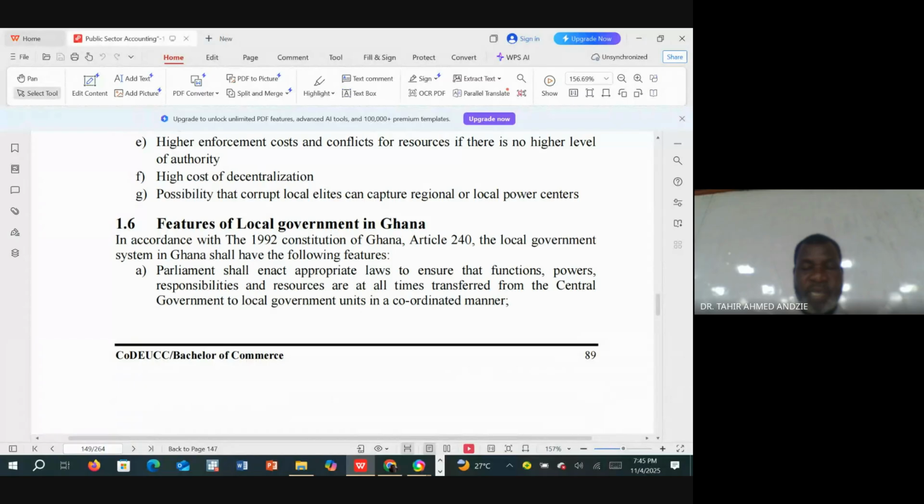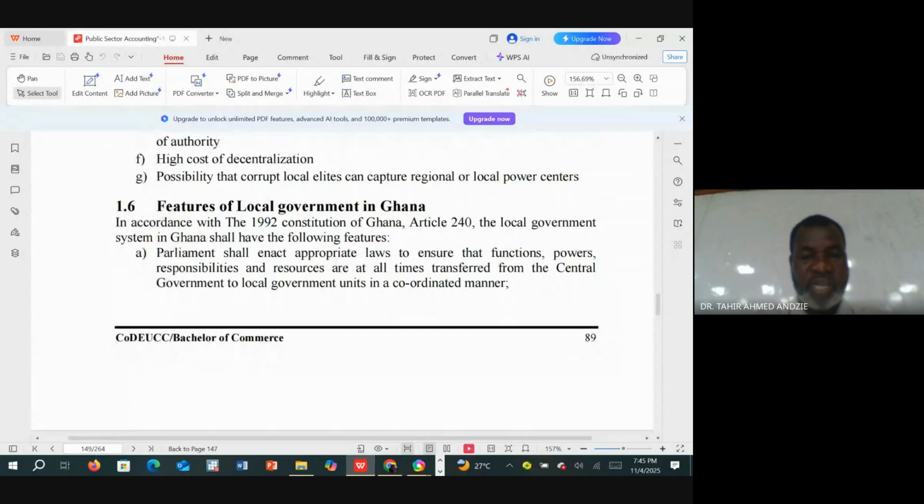And so that is why the Local Government Act 1993, Act 462, was enacted, to put down measures to ensure that the local government powers, functions, responsibility, and resources can be transferred from the central government to local government.